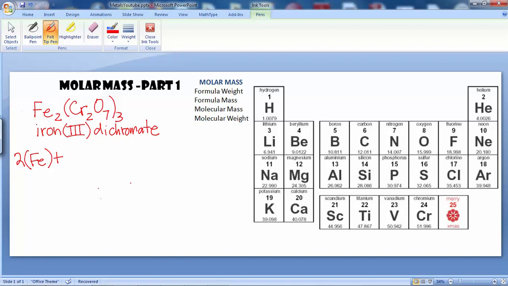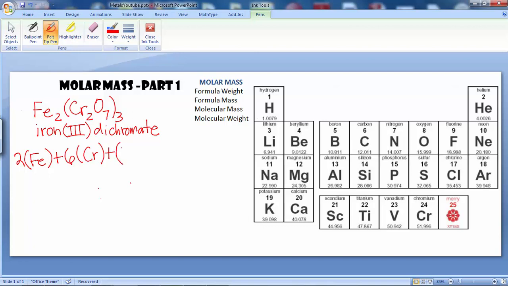So much like what you would do in algebra, you would multiply what's outside the parentheses with what's inside the parentheses. So we have 3 times 2. That gives us a total of 6 chromium atoms.